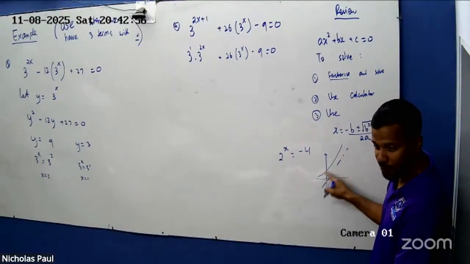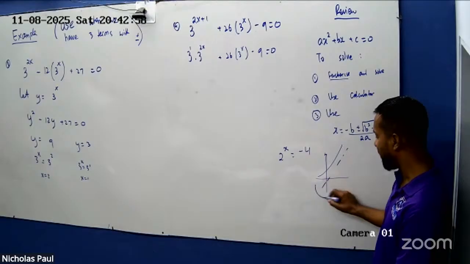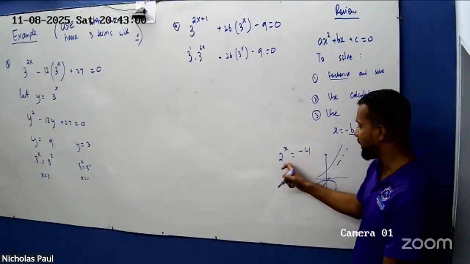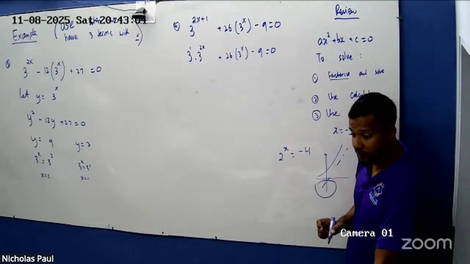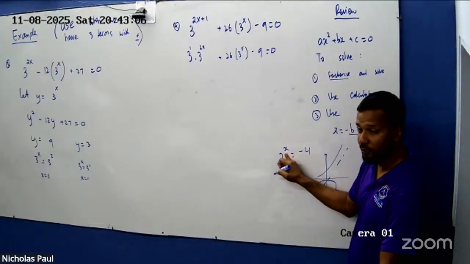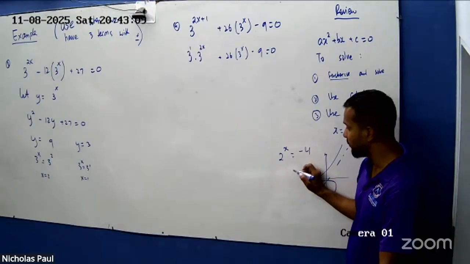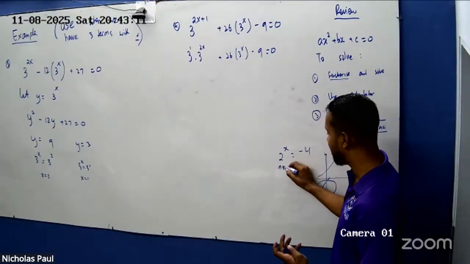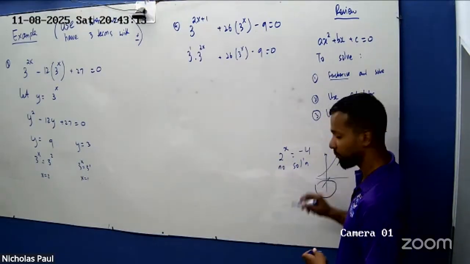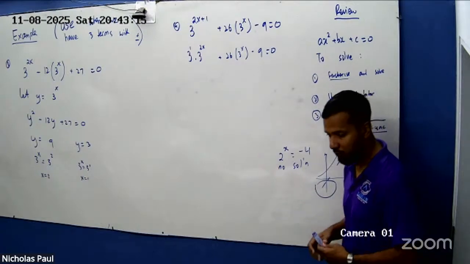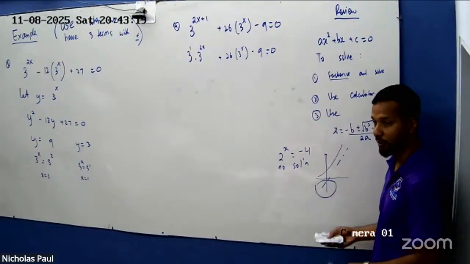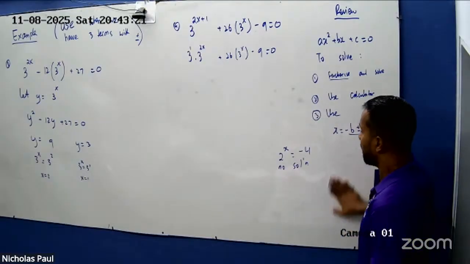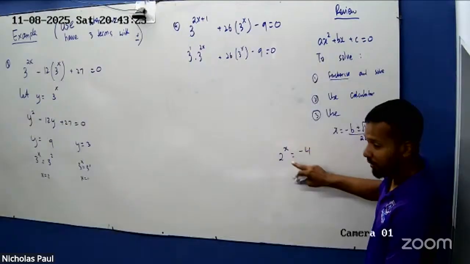It's called the exponential graph. It is never below here. So there is no x value that could give you a negative value. So for questions like this, you write no solution. There is no x value that will give you that.